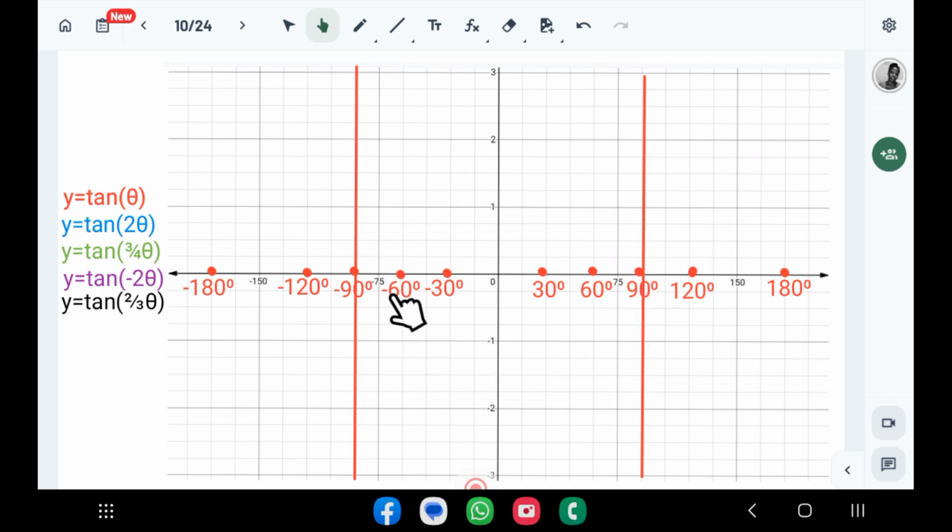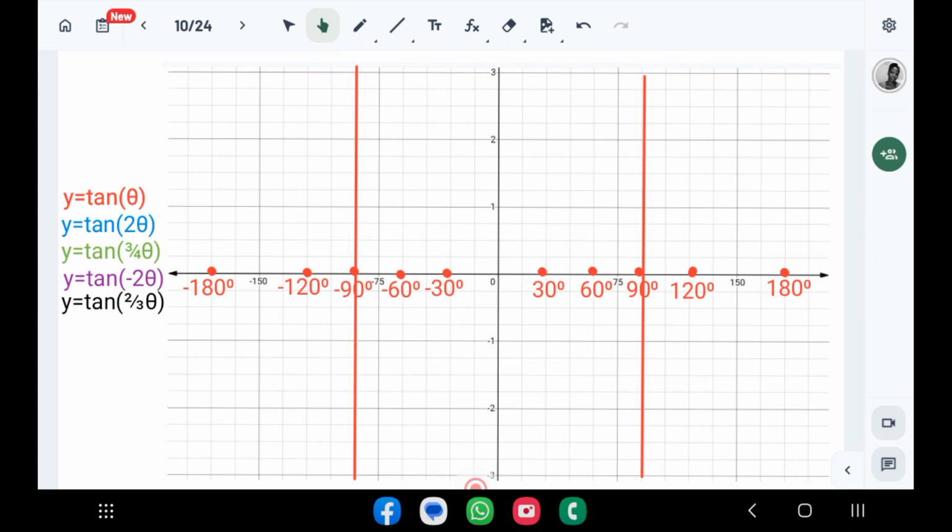This is our domain. The domain is between negative 90 degrees and 90 degrees of the center branch only, not including the ends, negative 90 and 90 degrees. That is just the middle branch, the center branch. We don't need to really worry about the other side. On either side, we can figure that out using the repeated pattern ability of these graphs.